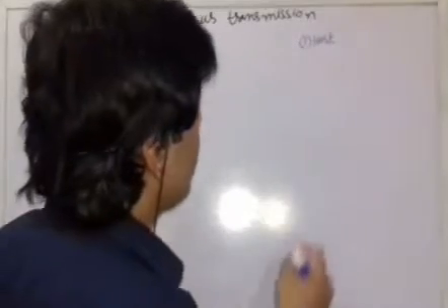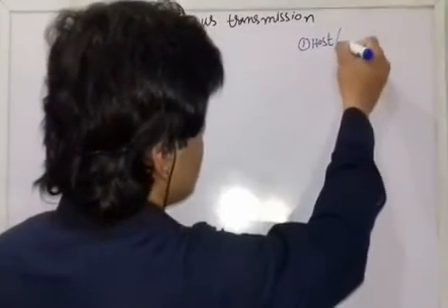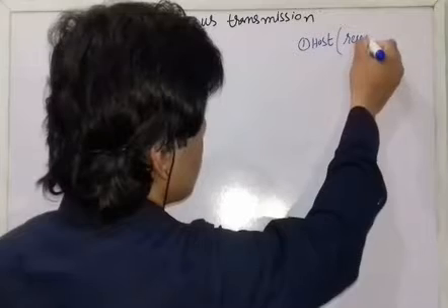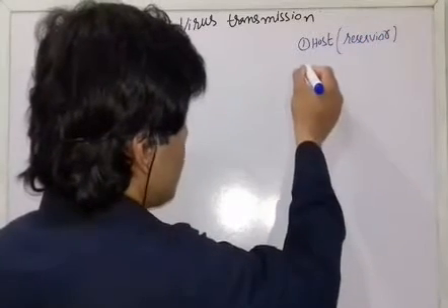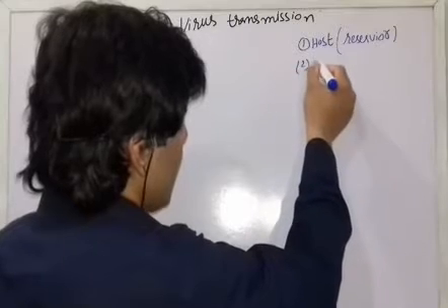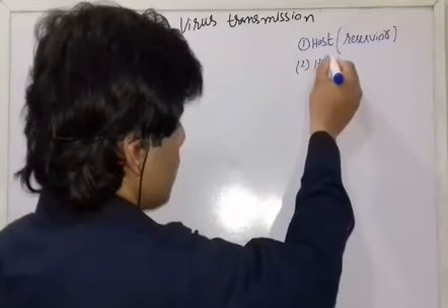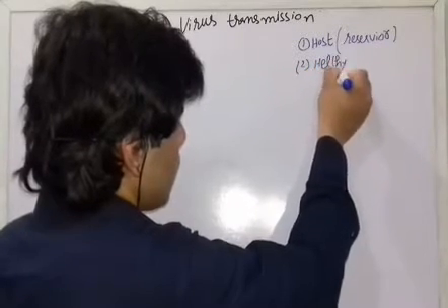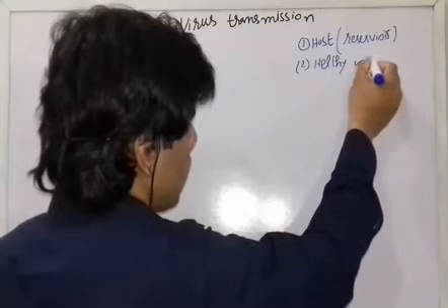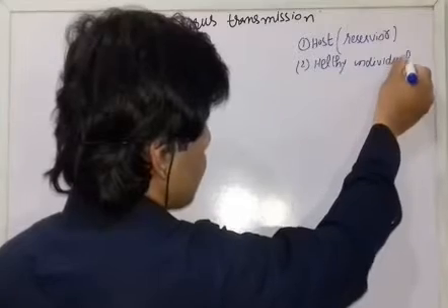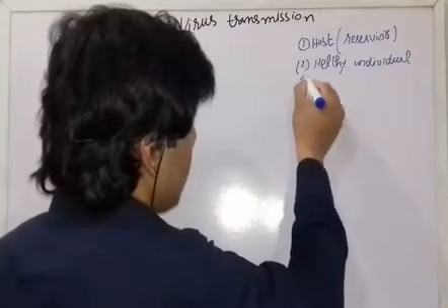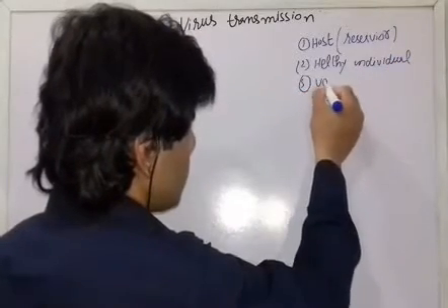In the host we have the reservoir. Second, we have the healthy host, the healthy individual. And third, we have the vector.